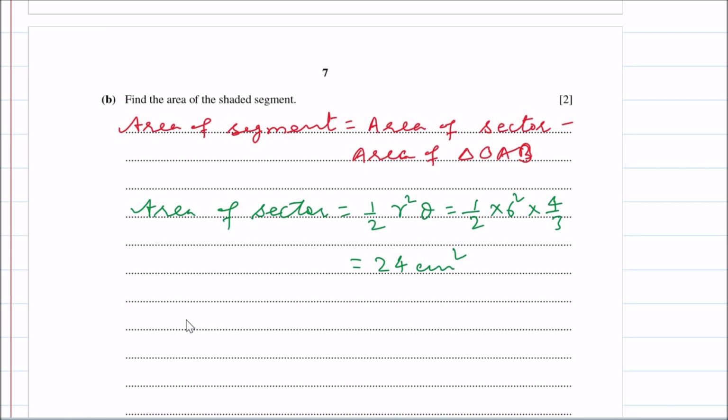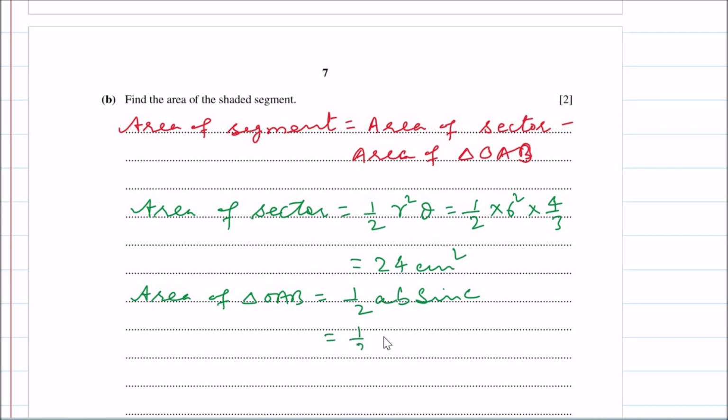Now we need to find the area of the triangle. Area of triangle OAB. And we know the formula half ab sin C. So we'll apply this. Here two sides given are 6 and 6 because the radius is 6.